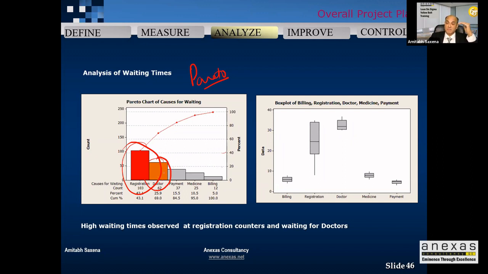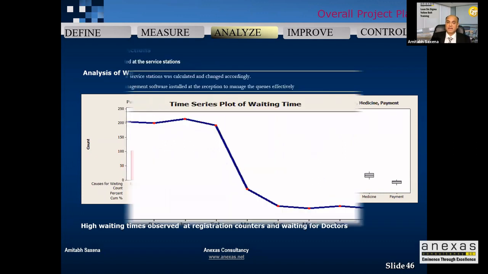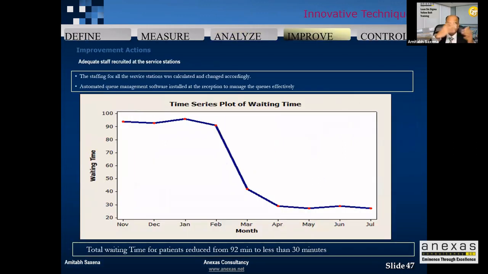These two are my main root causes, and I will focus on these two and then take action. In the improve phase, I'll take action. They applied some solutions, and then they reduced the waiting time. So this is how a typical process is done.